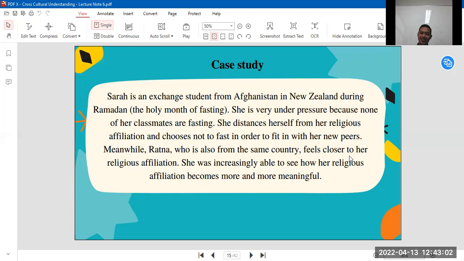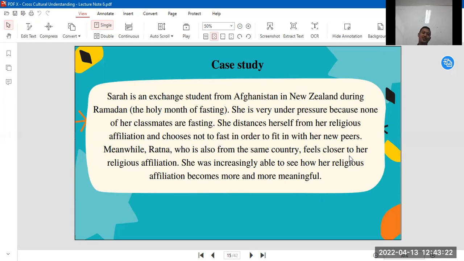Then, what can we conclude from here? Why are Sarah and Ratna different in reflecting on the new experience they got from a new environment?